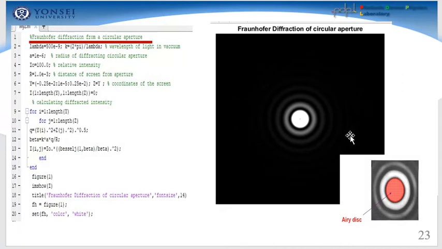In this pattern, a bright central region is known as the Airy disk, and the series of concentric rings which surround the Airy disk is called the Airy pattern.